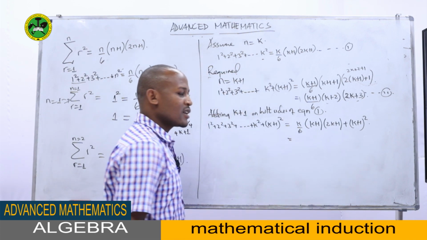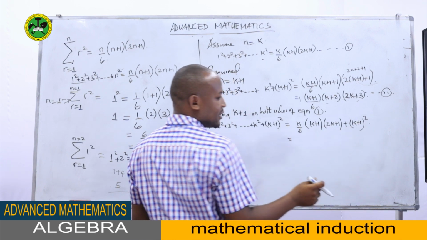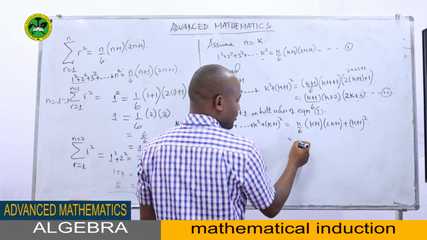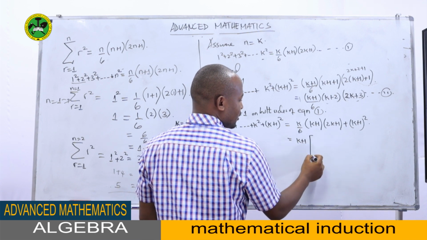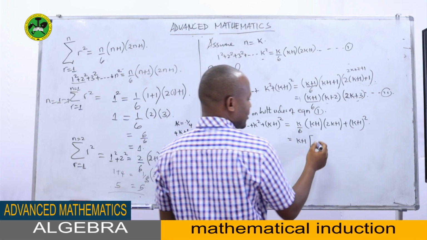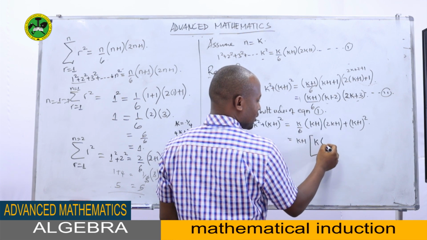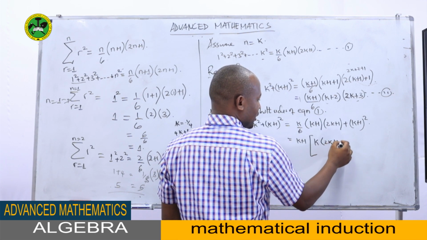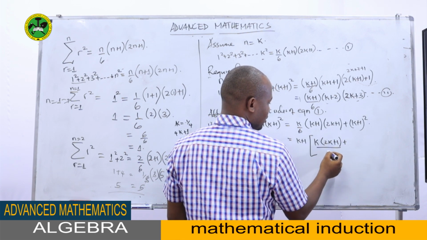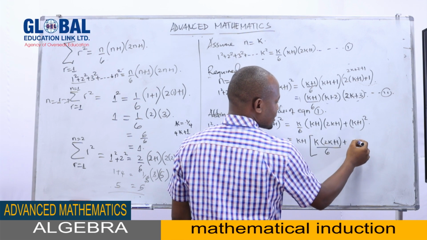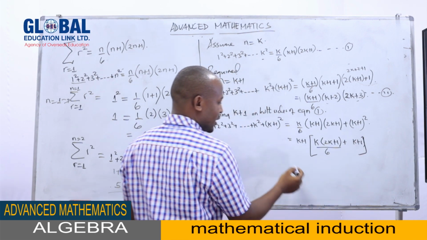If you look carefully, you will see that a k plus 1 appears on both terms, so we can factor it out to simplify. That is k plus 1, and inside the brackets we remain with k times 2k plus 1, all over 6, plus k plus 1.